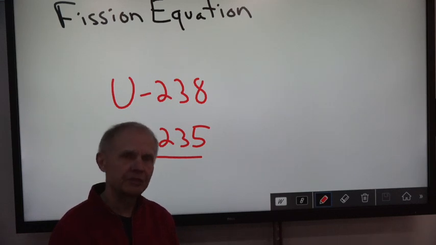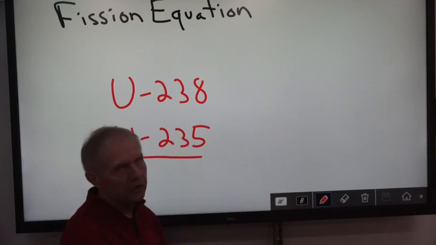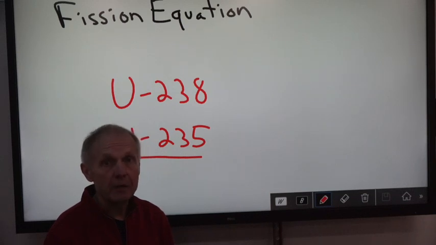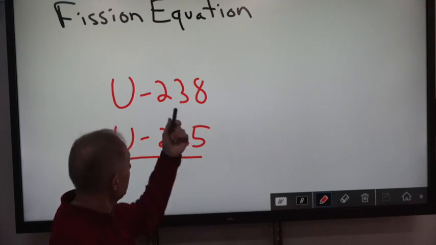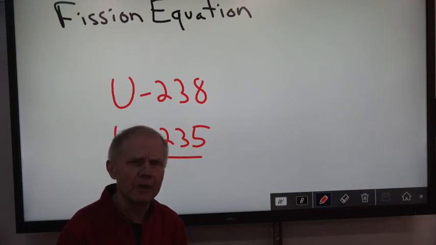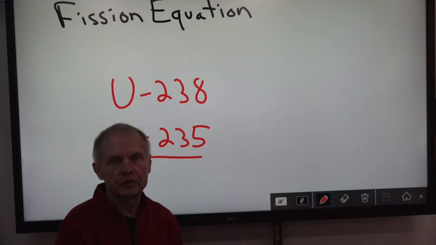The problem is this. Of all the uranium in the world, only 0.7% is uranium-235. All the rest is uranium-238. So they have to use tons and tons of uranium and separate it, uranium-238 from 235, just to get enough to use in nuclear reactors.